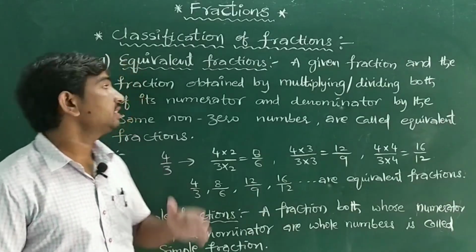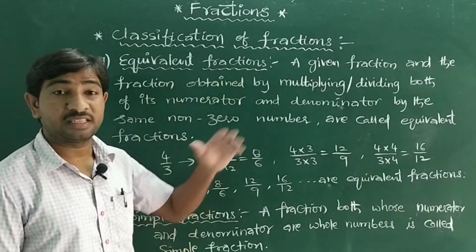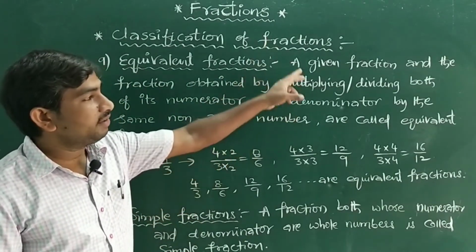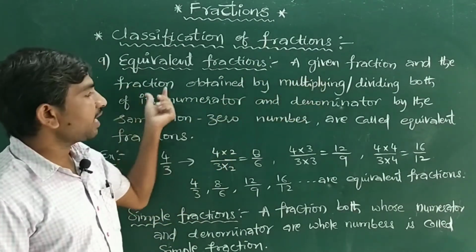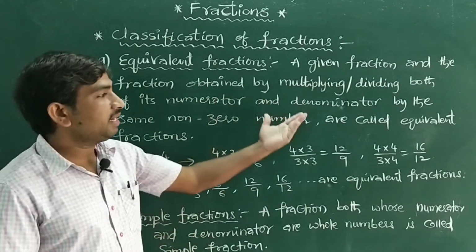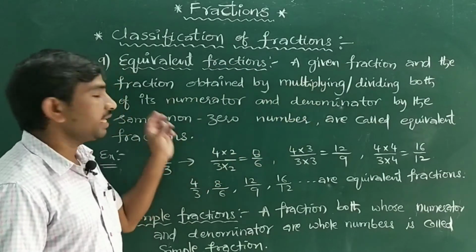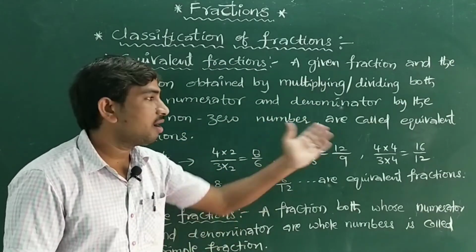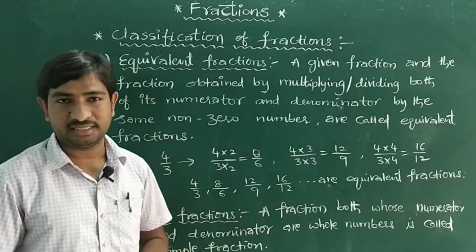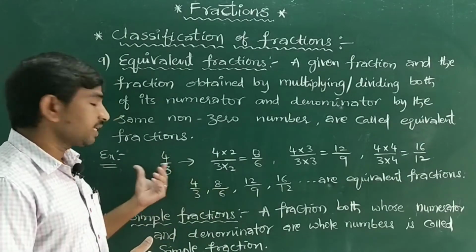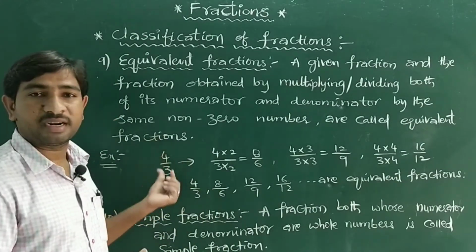The ninth one is equivalent fractions. This is very important. A given fraction and the fractions obtained by multiplying or dividing both numerator and denominator by the same non-zero number are called equivalent fractions. For example, 4 by 3 is our fraction.